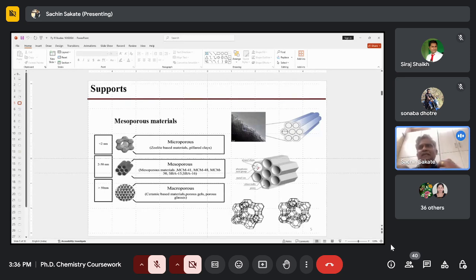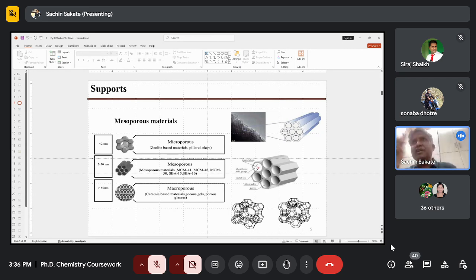But the only point is it takes time. One week you will require for this synthesis. So you can run consecutive batches, you can use different batches so that you will have a good material in the laboratory in your hands.